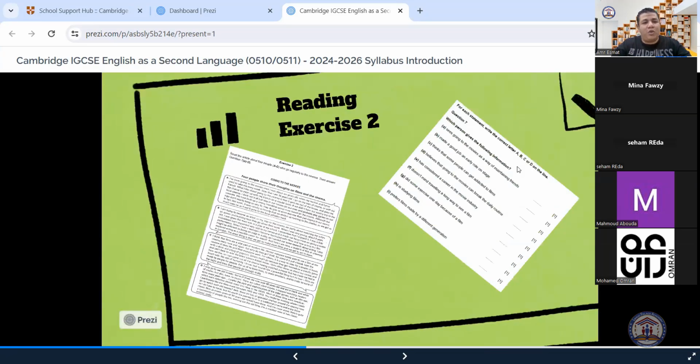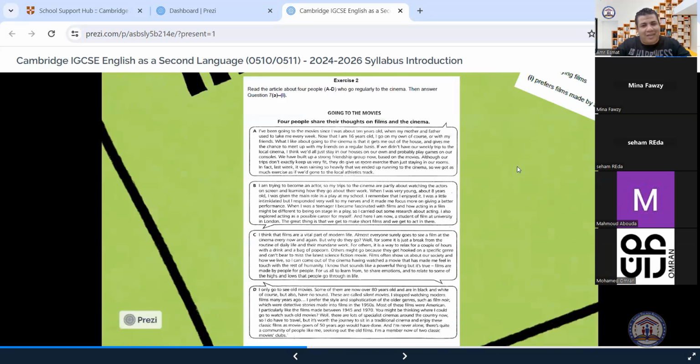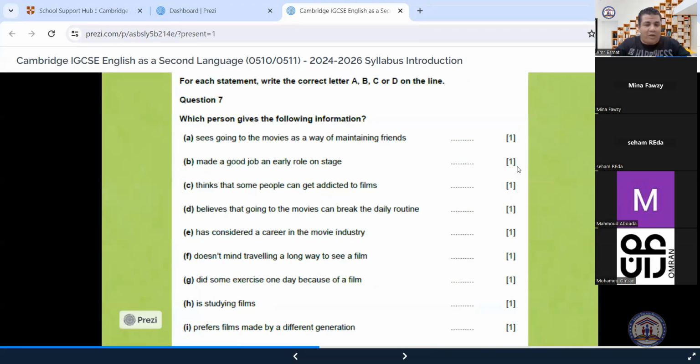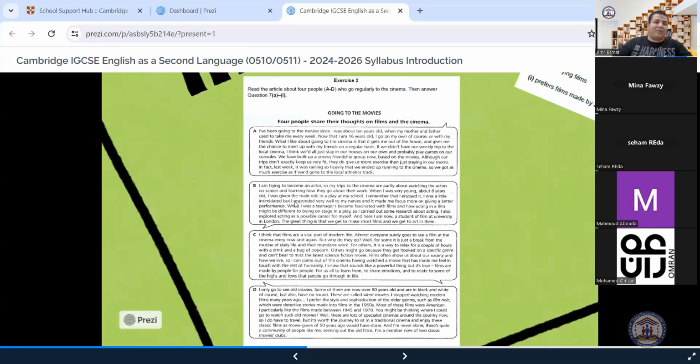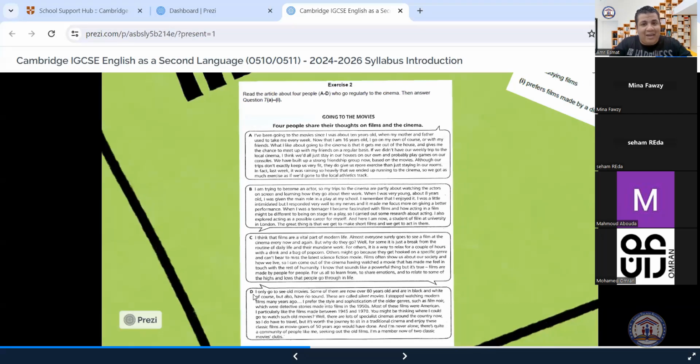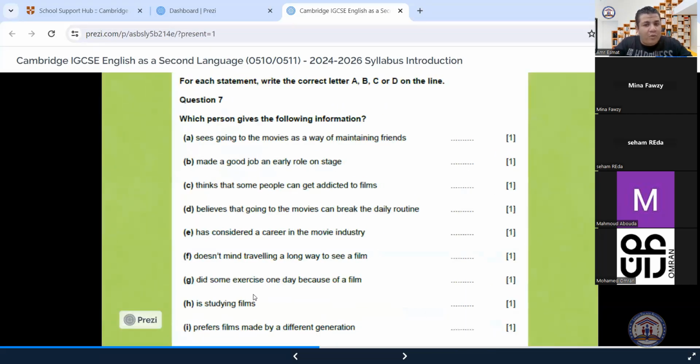In exercise 2, you have 4 short texts, 4 short paragraphs, as you see, and you have 9 questions. Each of them has a letter. So this is text A, this is text B, this is text C, this is text D, and each student has to read, skim and scan to answer the question.